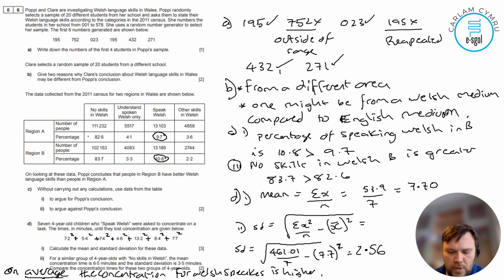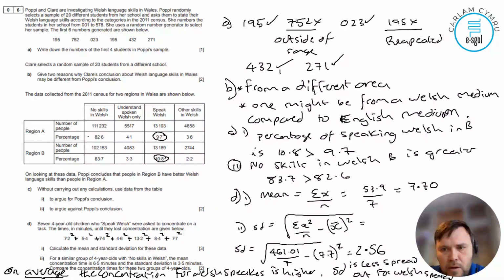And then the next one, the SD for Welsh speakers is less spread out, and that word about spread out. There you go, just about fits it in.